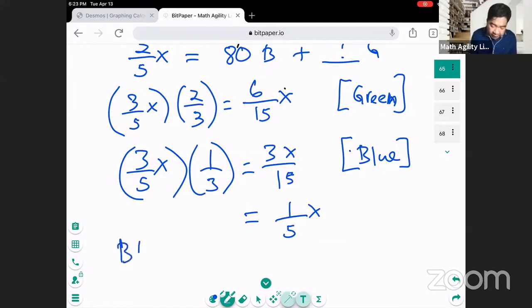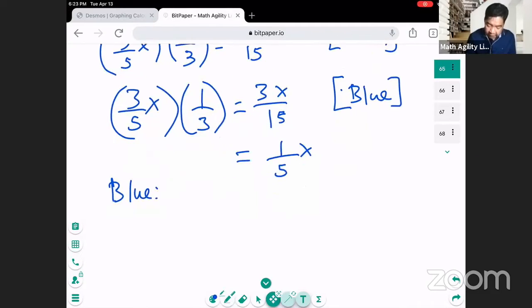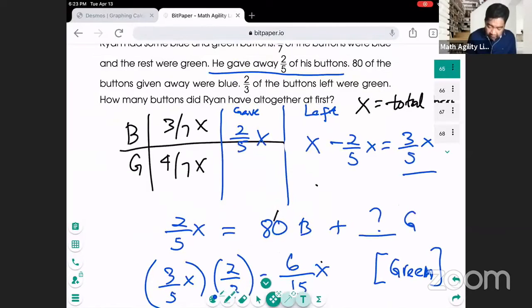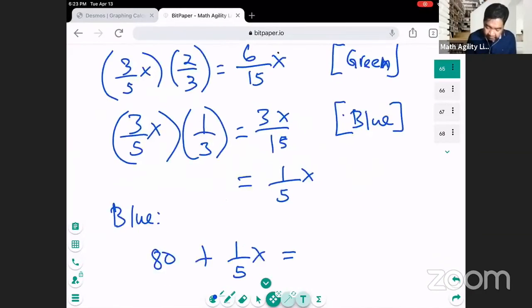So what we can say about the blue buttons is that if we add the 80 buttons plus 1/5 of x, that should be equal to the total number of blue buttons, which is 3/7 of x. So let's write it here.